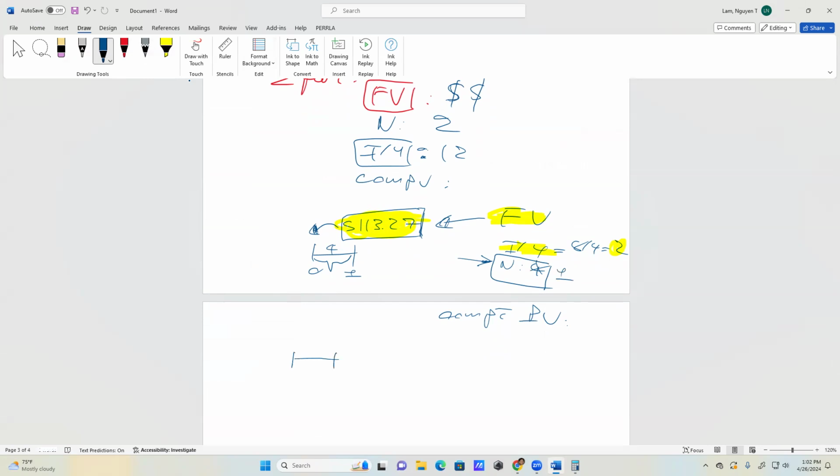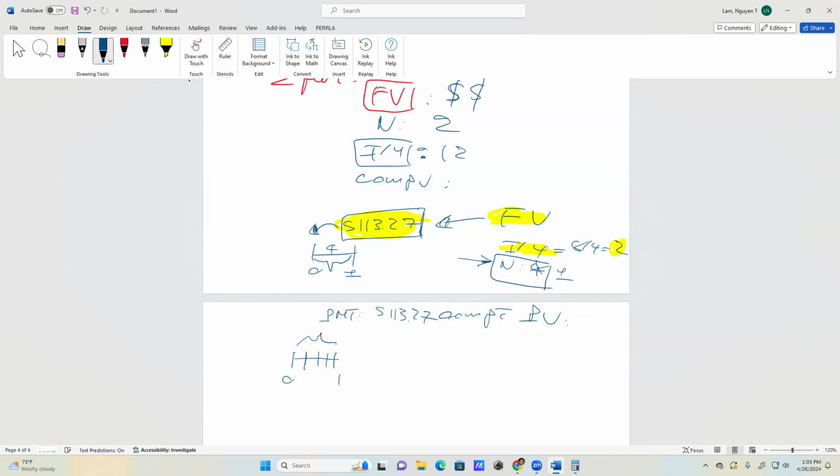Okay, so you guys know that it's quarterly. So in a year, when we try to find the payment, this payment of 5113.27 is quarterly. So this is 5113, this is 5113, this is 5113, 4 times in a year. 1, 2, 3, 4.